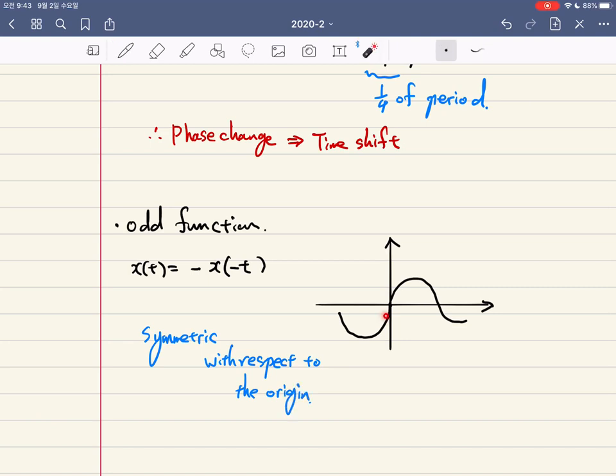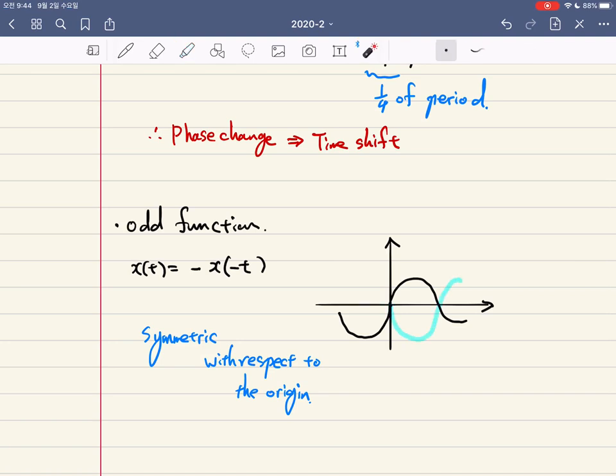To see that, if you fold twice, once for the y-axis and then for the x-axis, you get the same value. If I fold the left-hand side of this signal with respect to the y-axis, you get this part here.